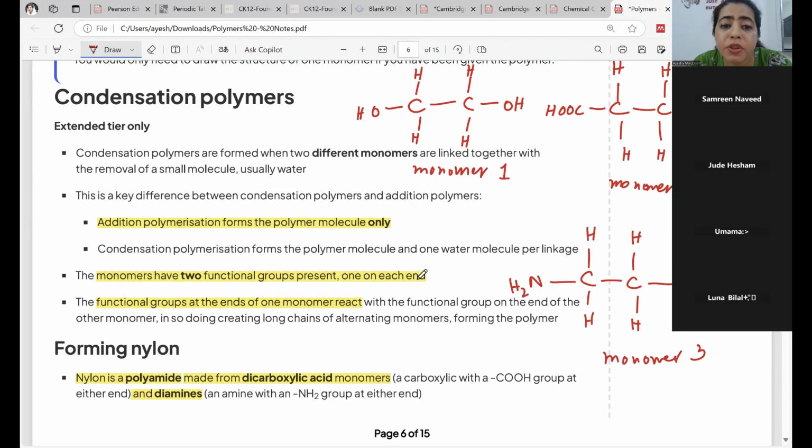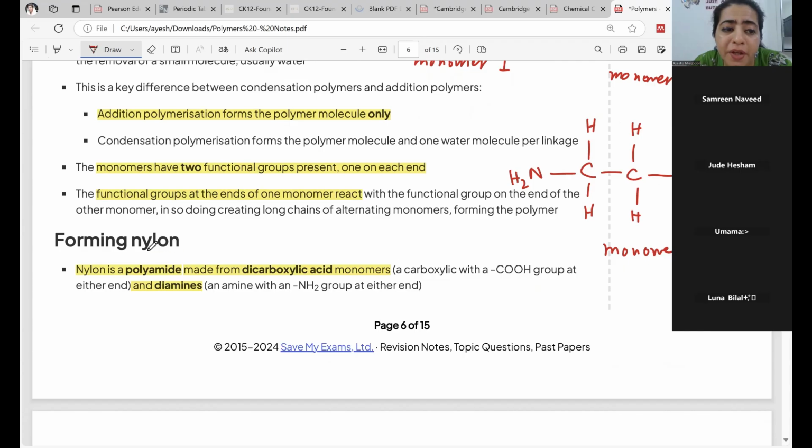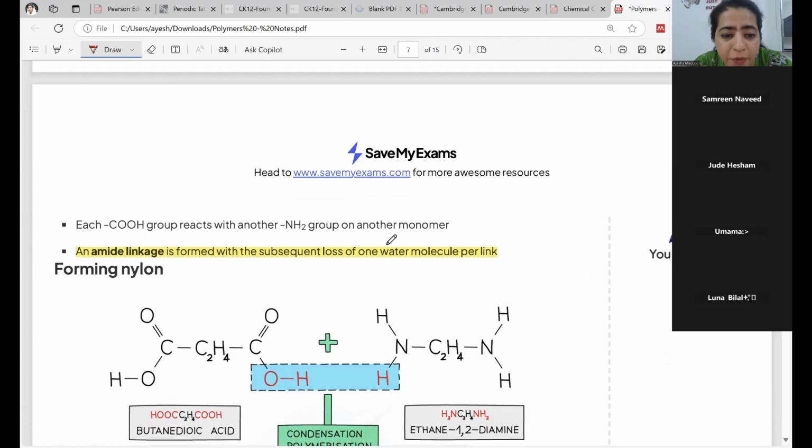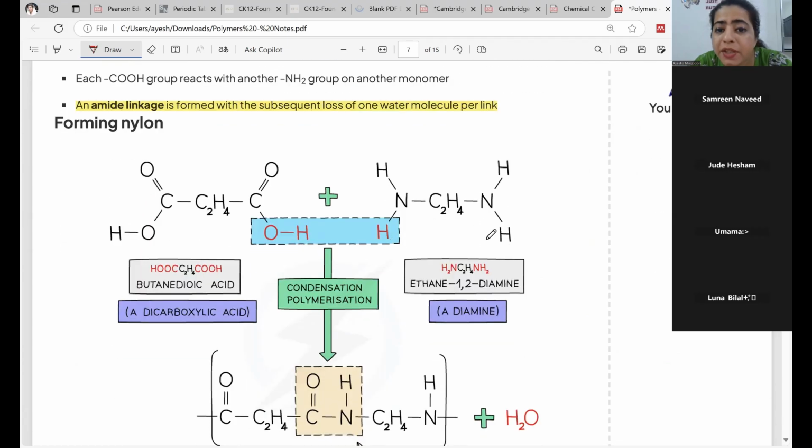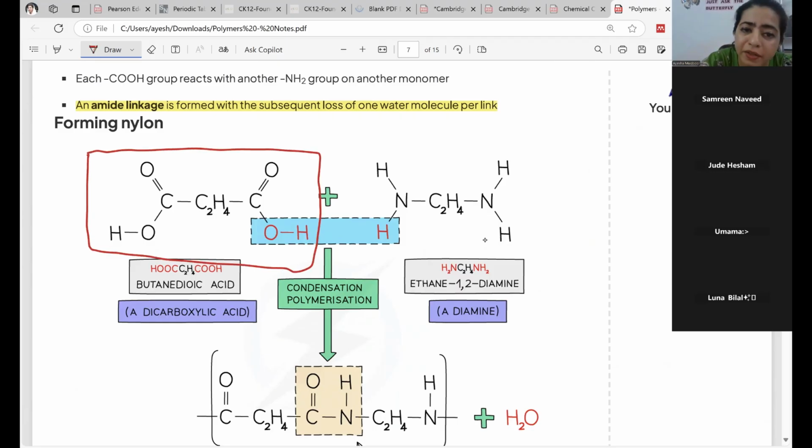What will happen? Nylon is one of the condensation polymers. It is formed when we have a carboxylic acid monomer and an NH2 monomer, this one. Let me show you the structure. This red box is the first monomer, and this red box is the second monomer.